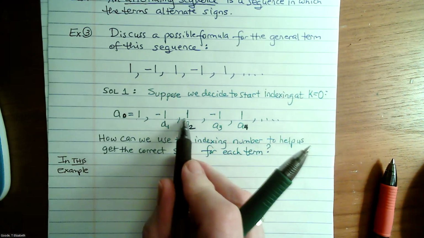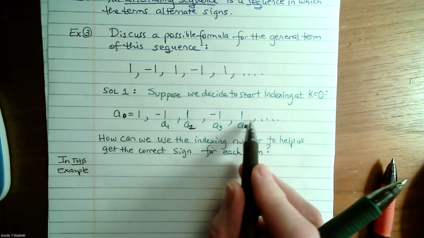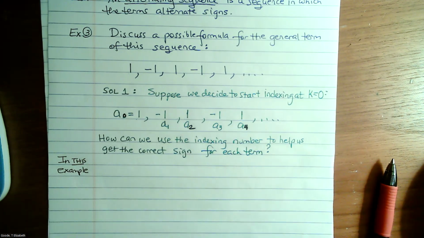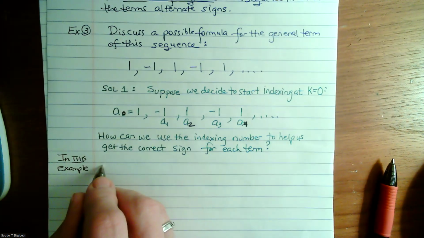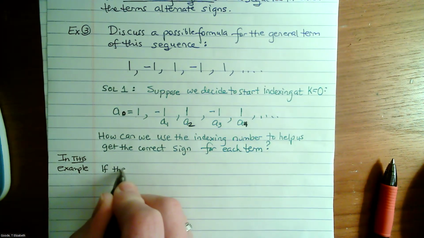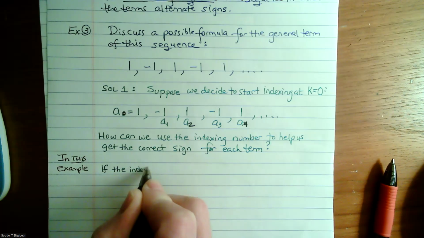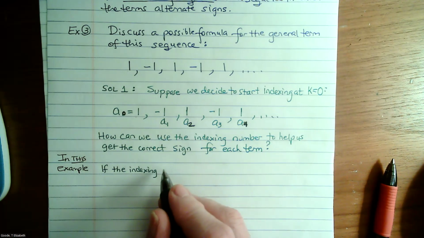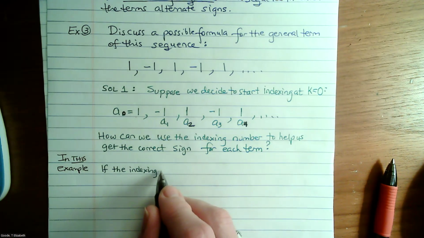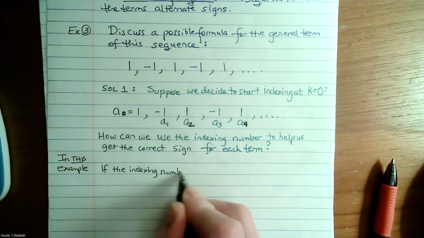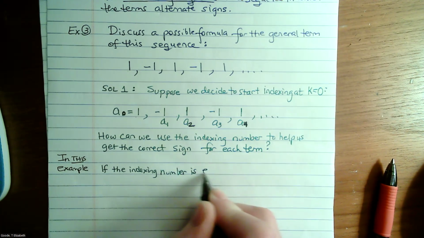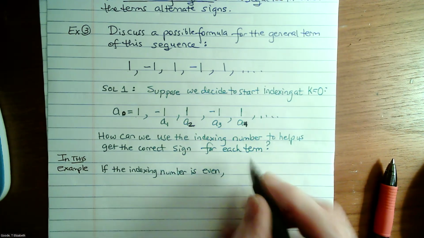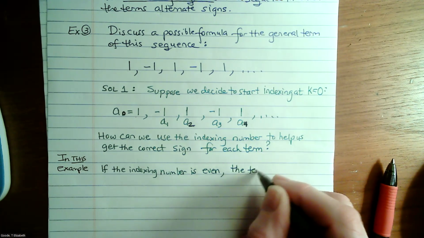Those are the terms that are positive, positive 1. So in this example, if the indexing number is even, like 0, 2, 4, 6 would be the next positive one, the term is plus 1.